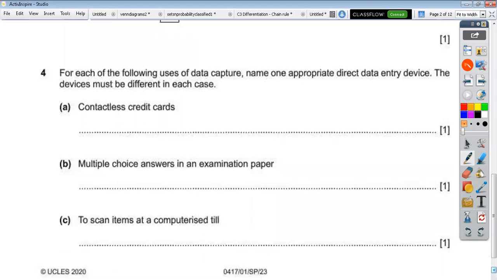For each of the following uses of data capture, name an appropriate direct data entry device. The device must be different in each case. Contactless cards, what do we use?